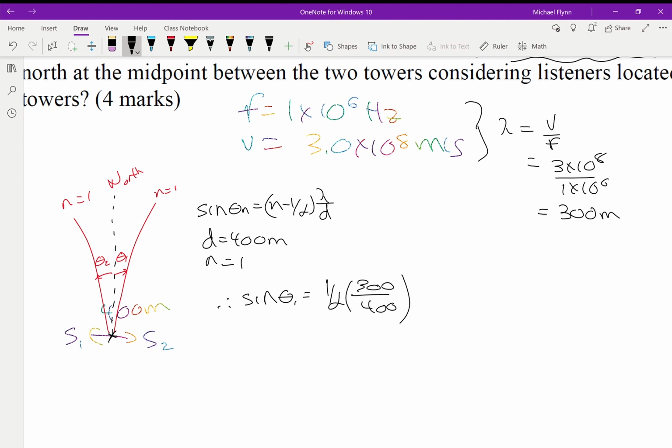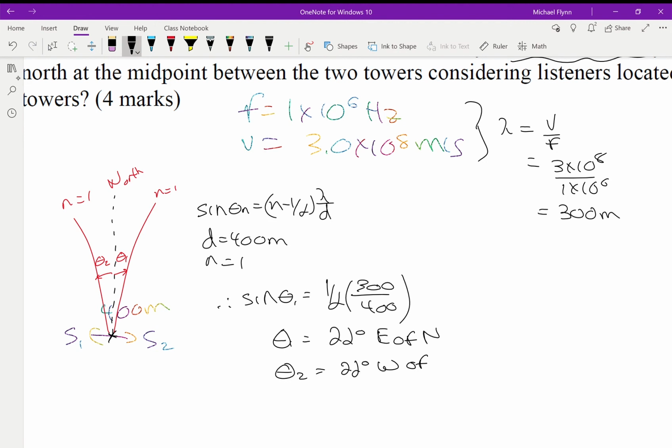So I get 1 divided by 2 times 300 divided by 400, and then I'll take the inverse sine of my answer. I get 22 degrees, so theta 1 equals 22 degrees east of north. And theta 2 equals 22 degrees west of north.